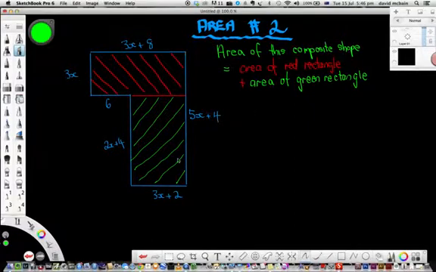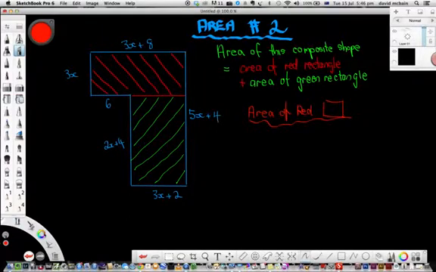Okay, welcome back. Hopefully you've had a go at this, and hopefully you're successful. We'll soon find out. So the area of the red rectangle: what is it?